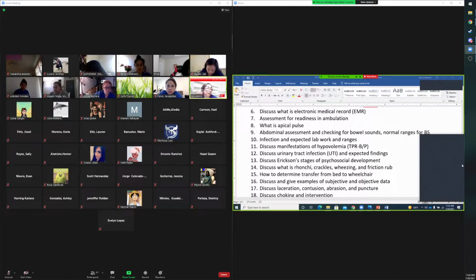It's like rubbing your hair between your index finger and thumb and putting it close to your ear. That is crackles. You can hear it at the end of inspiration, so when you inhale, there are popping sounds.